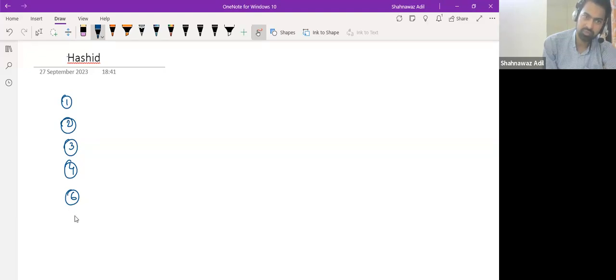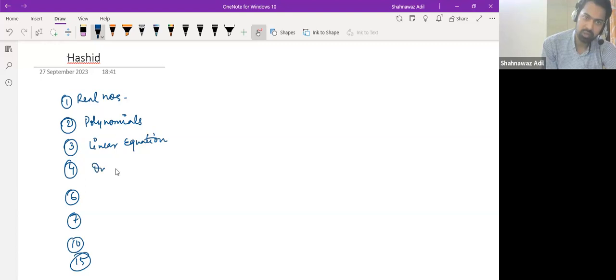So 1, 2, 3, 4, 6, 7, 10, 15. So this is real numbers, and then this is polynomials, and then this is linear equations. This is quadratic equations.